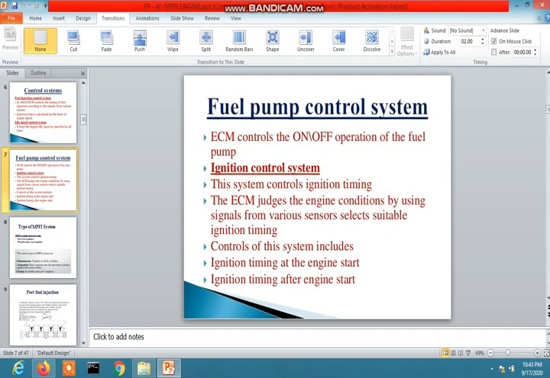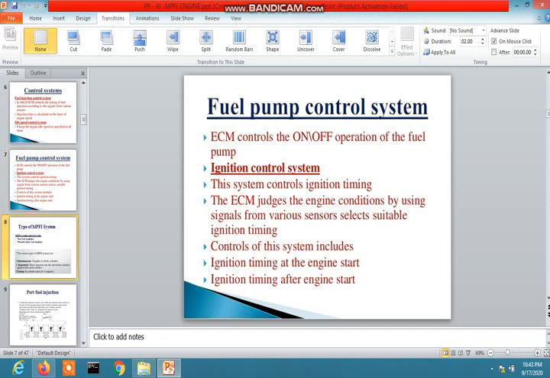Control of the system includes ignition timing at engine start and ignition timing after engine start. So those are the criteria to operate the ECM to actuate the ignition system.